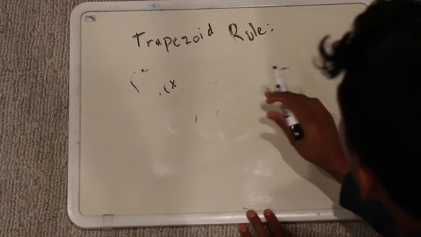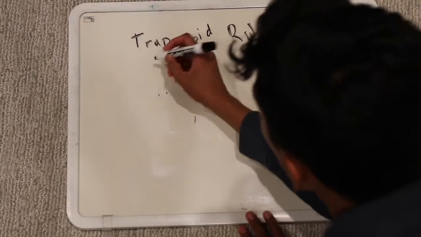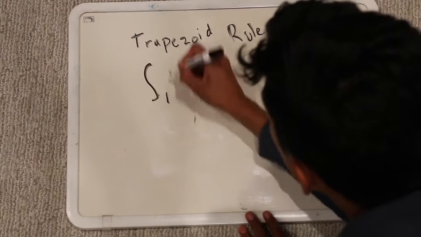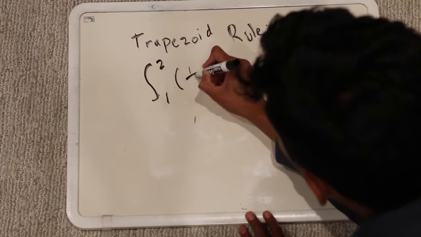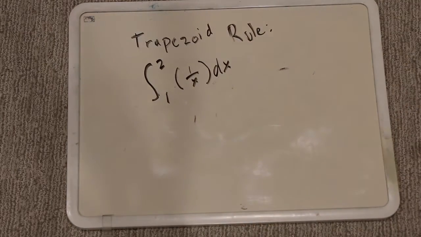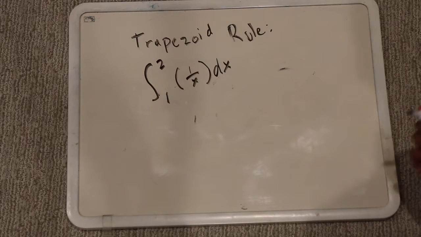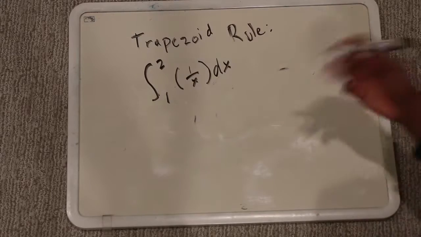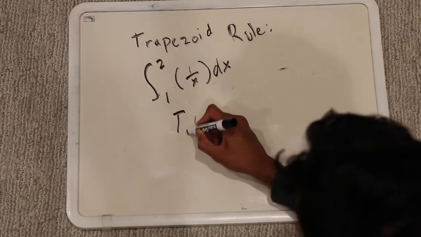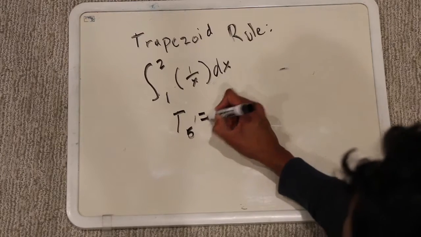If we were to approximate the integral from 1 to 2 of 1 over x dx using 5 trapezoids, we will be able to use the trapezoidal equation, right? So we will have T5, n is again the number of trapezoids.